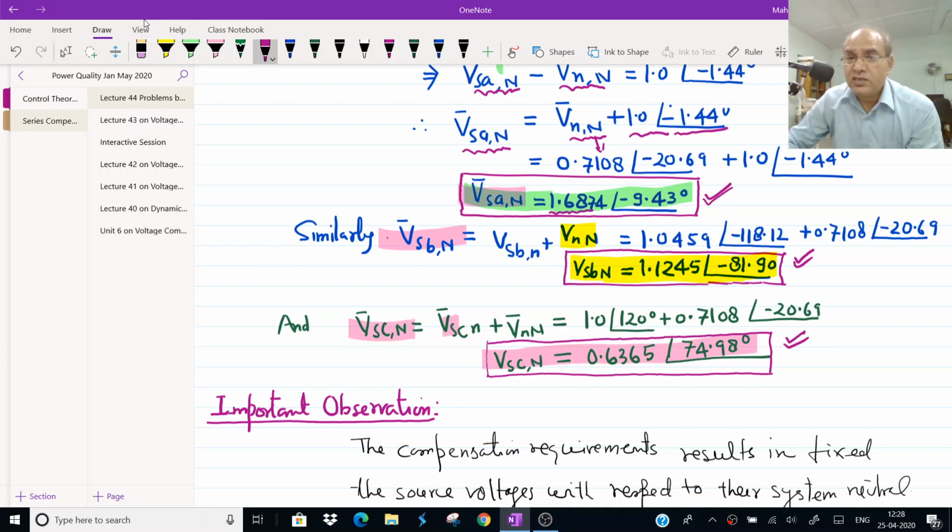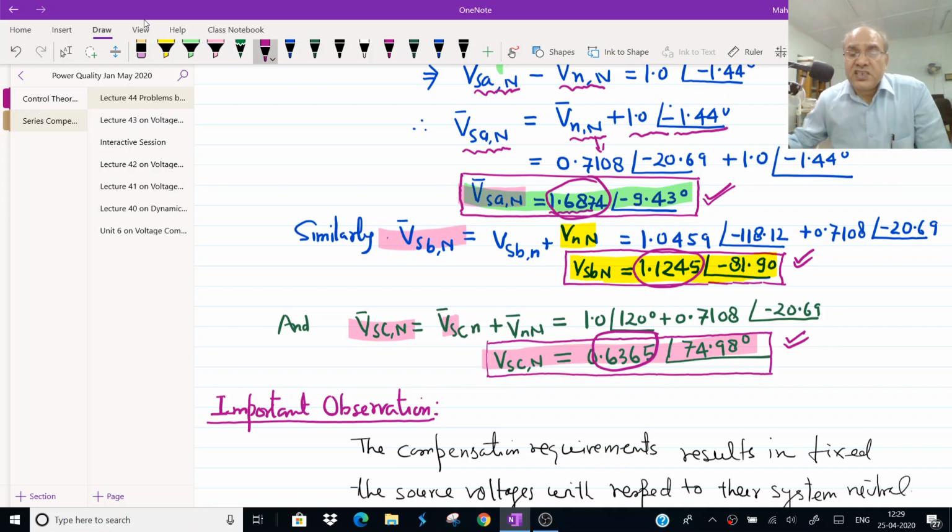Okay, these are the new angles. Also the magnitudes are quite different, not 1.0. This is 1.6, this is 1.12, and this is 0.6365. So it becomes very difficult to realize such floating voltages at the system side using a phase shifter or using the auto transformer. It can be done, but it becomes its own problem to be solved.